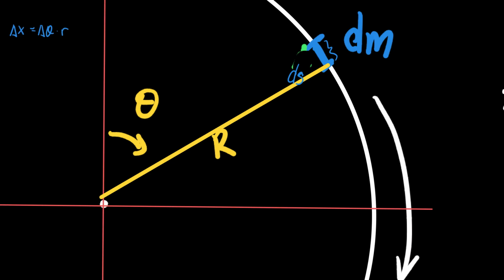Do you remember that from earlier in kinematics? It's the same thing here. We're just going to say that ds is equal to d theta times r. This is a small piece of arc that is made by going out a distance r and then over a small displacement in angle d theta.